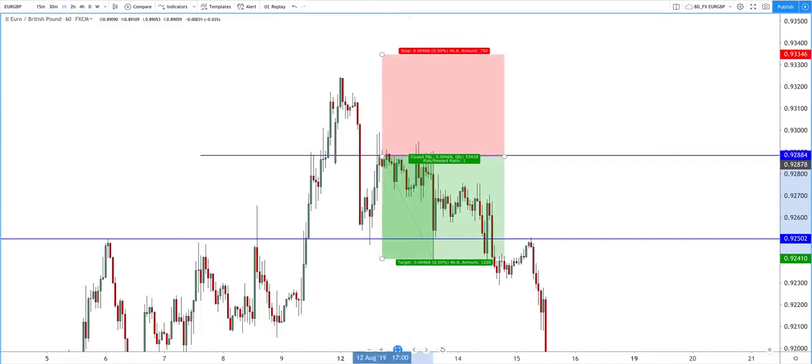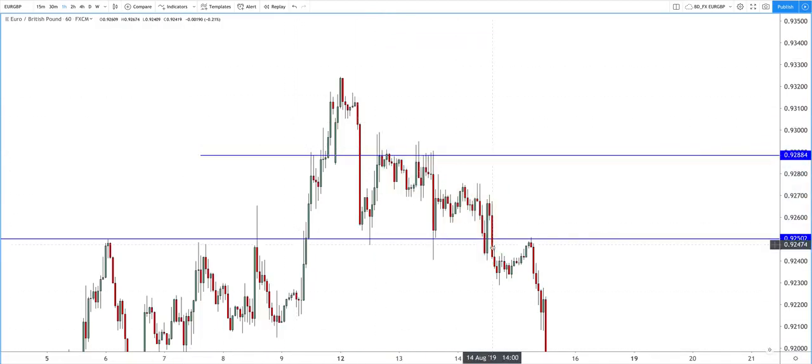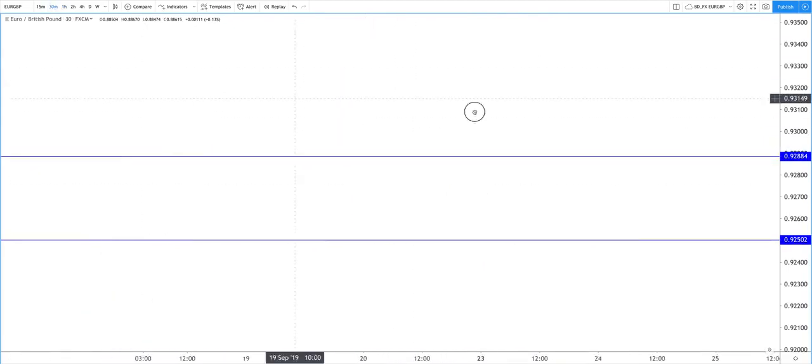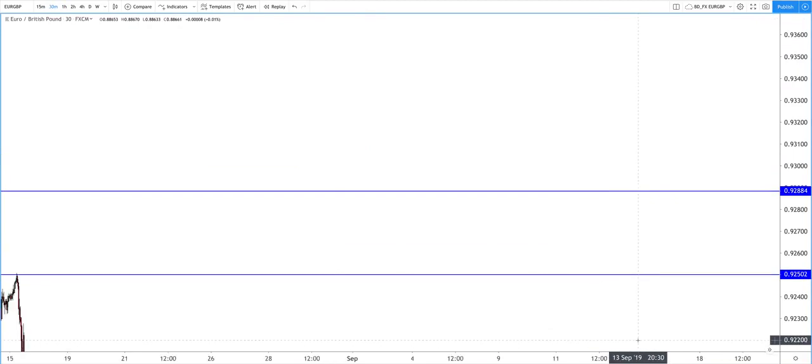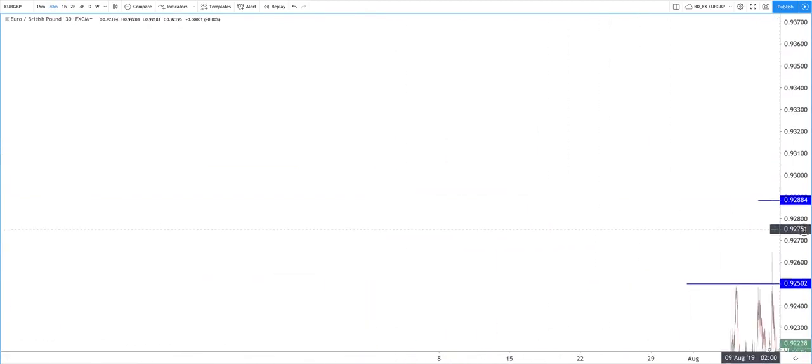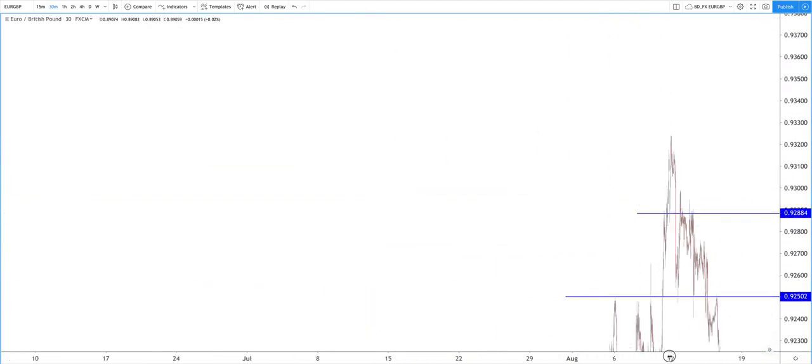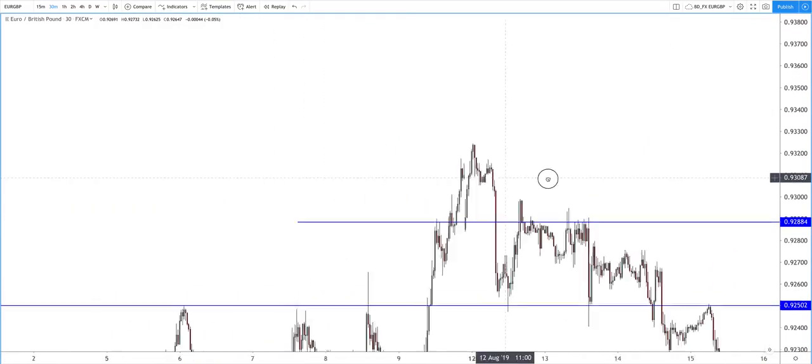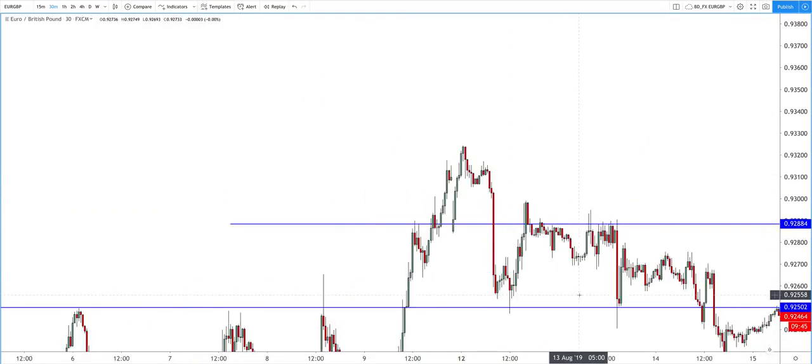But like I said, we like to get the sniper entries. So instead of getting one down here, we could get one here. But let's look on the lower time frames. Is there any more opportunities? There can be. We can use all different time frames to build our bias.